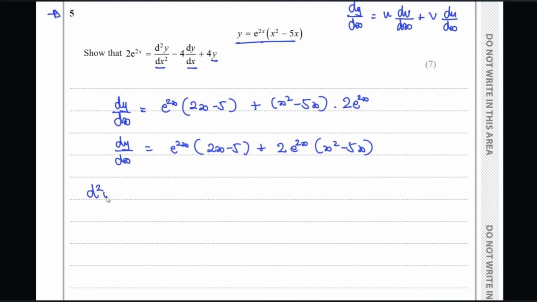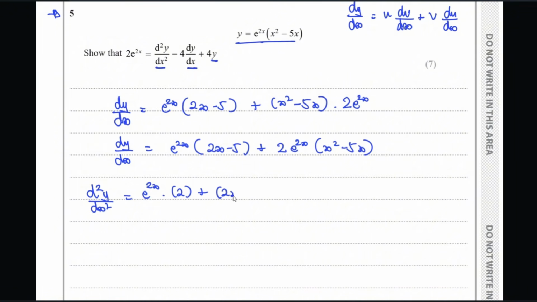d squared y over dx squared can be found by differentiating dy over dx with respect to x. So we have to differentiate this first. Again, we'll use the product rule, u dv by dx plus v du by dx. So u is e to the power 2x times dv by dx, which is just 2, plus v du by dx.